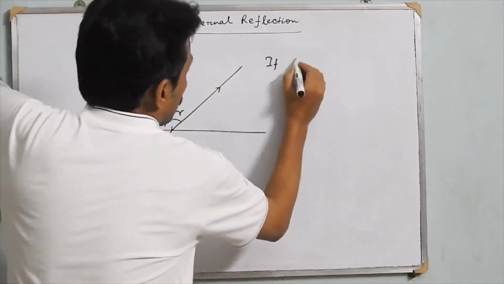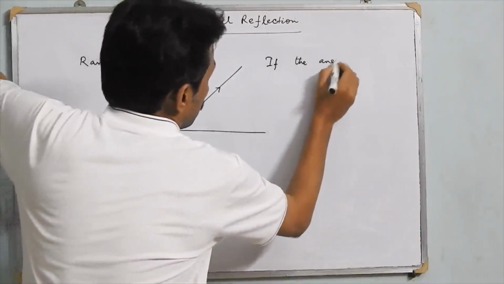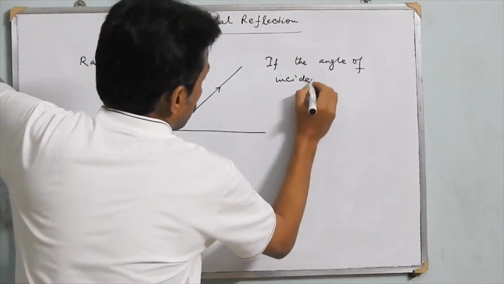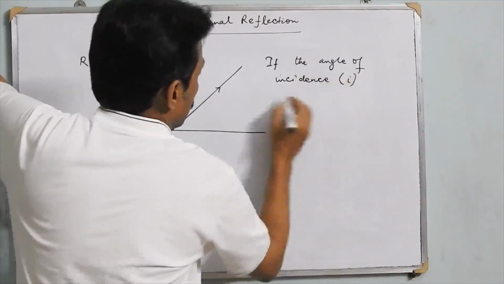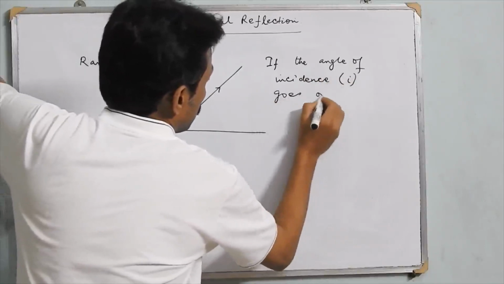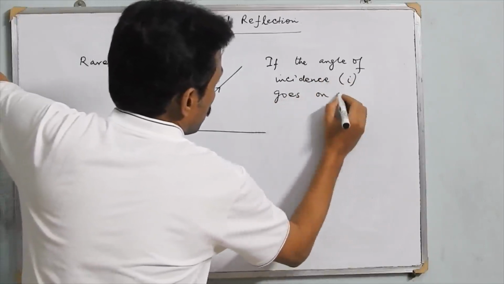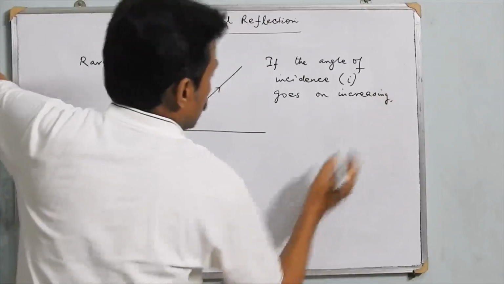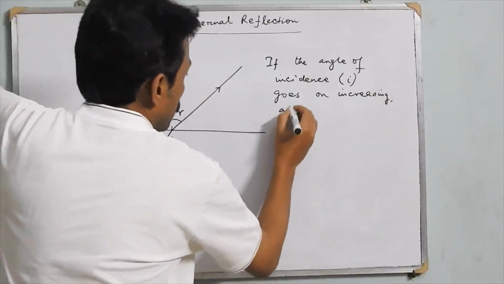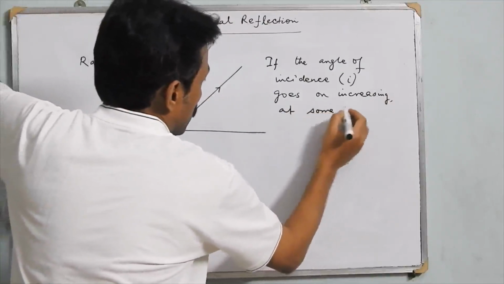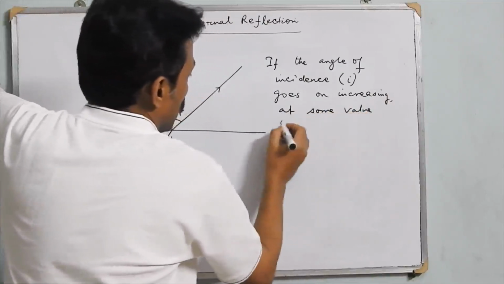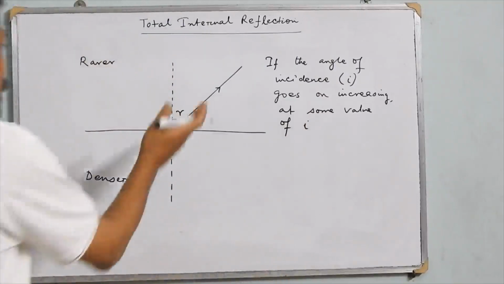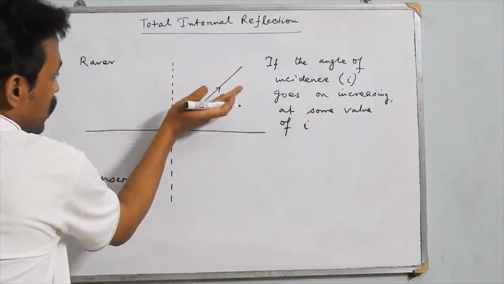If the angle of incidence i goes on increasing, this refracted ray will bend more and more away from the normal.